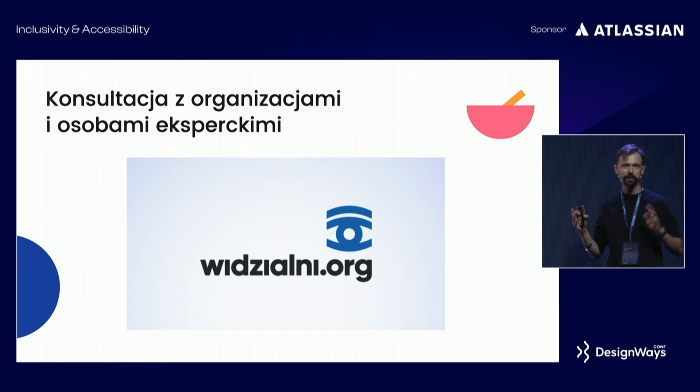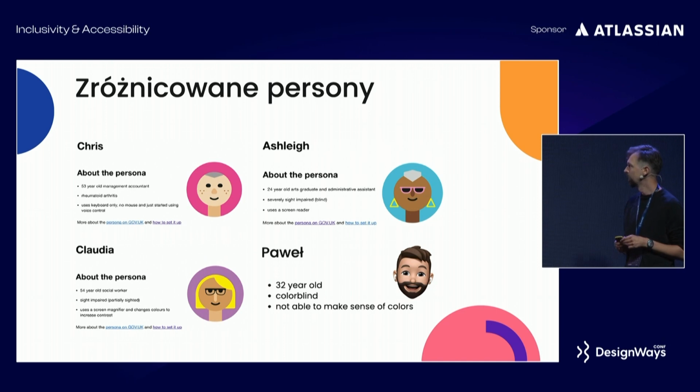In our case, some basic product flow analyzed by the foundation returned as a report that was 500 pages long, with all errors indicated and ready-made solutions to many problematic issues. Another thing you can do is diversify your personas.